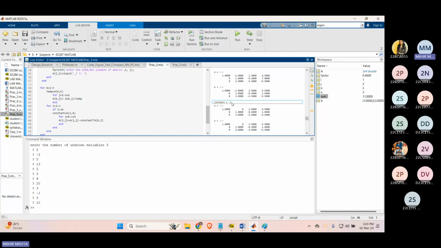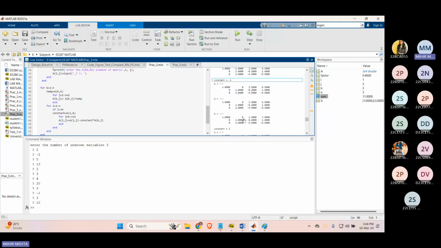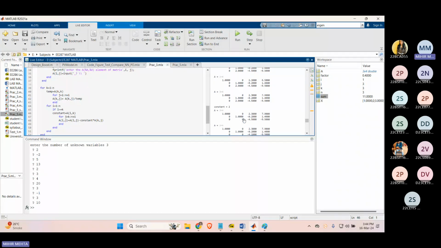Okay. Now once I have found this constant, for k equal to 2, from 2 to 4, what we are doing is aij, that is 1,1, equal to 1,1 minus the constant multiplied by akj. Again, you need to perform this for all of it, set the constant again, and run this entire loop.